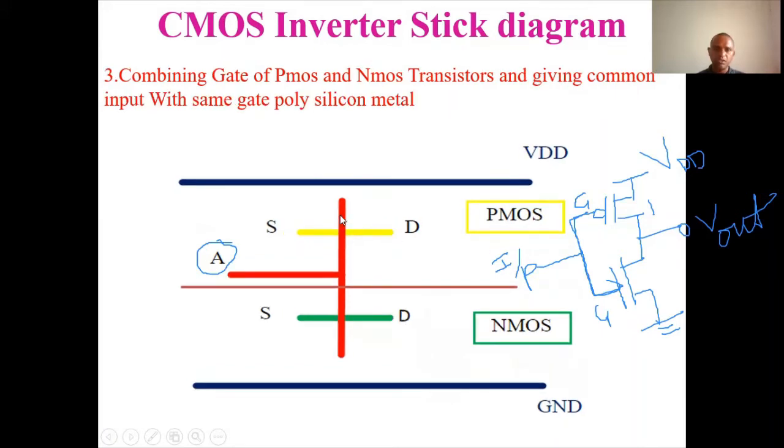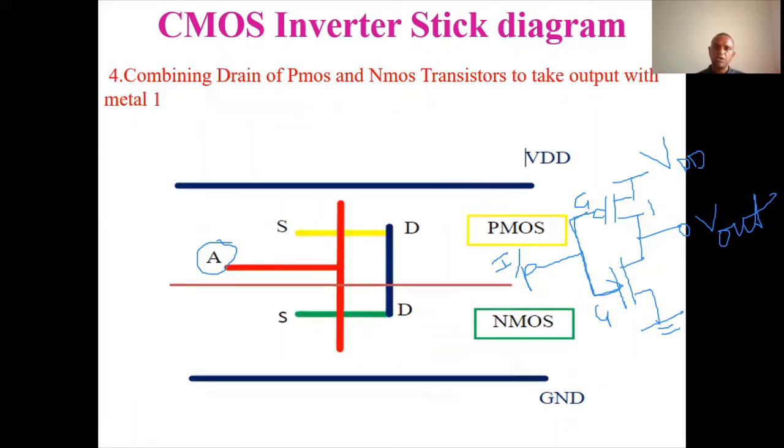Previously this is completely the same material, that's why for the input I am using polysilicon. But here it is different materials. This one is P diffusion, this one is N diffusion, and the drain of NMOS and PMOS will be shorted by using the metal, that is metal one. That will be represented with the blue.